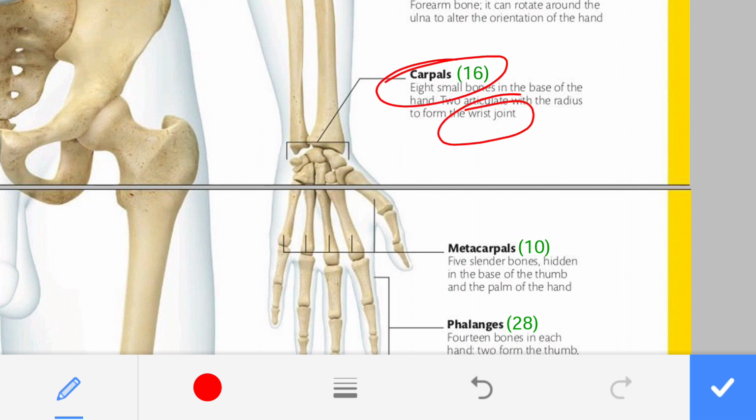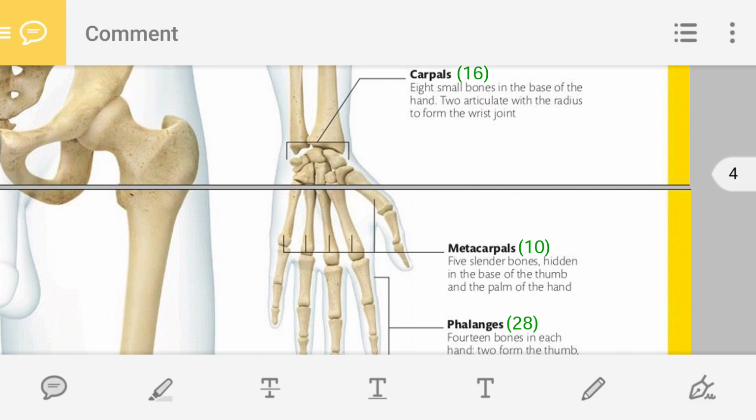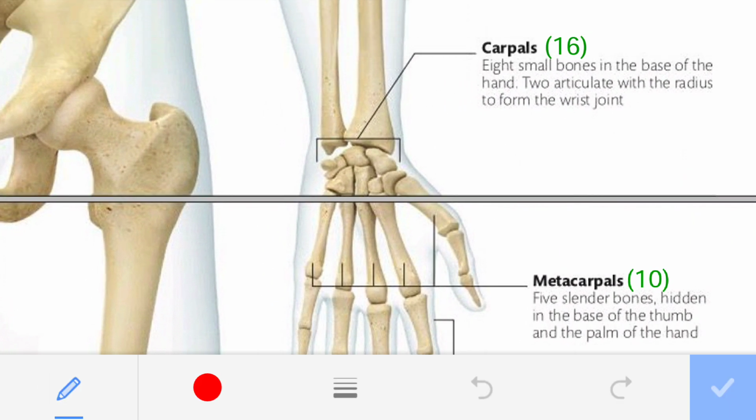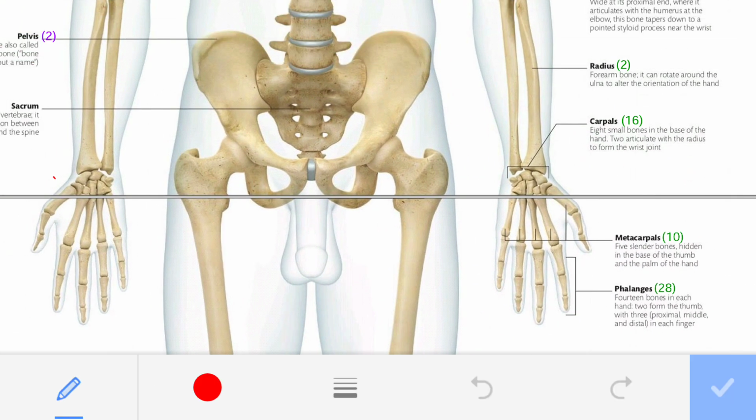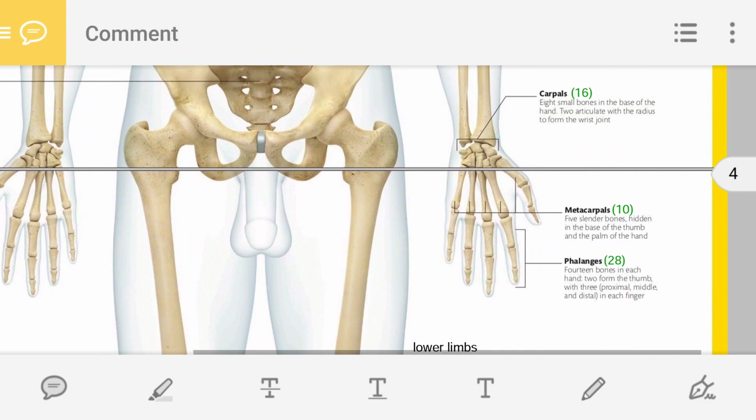So carpals are the bones of our wrist. Here there are 16 total, I said. That means here there are 8 bones, and here there are 8 carpals. So 8 plus 8, there are 16 carpals.